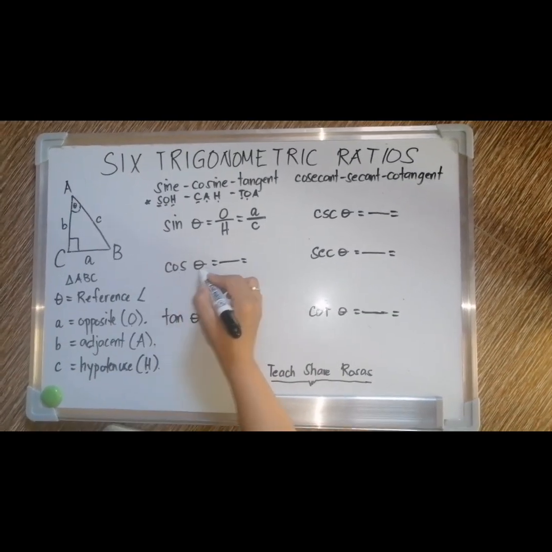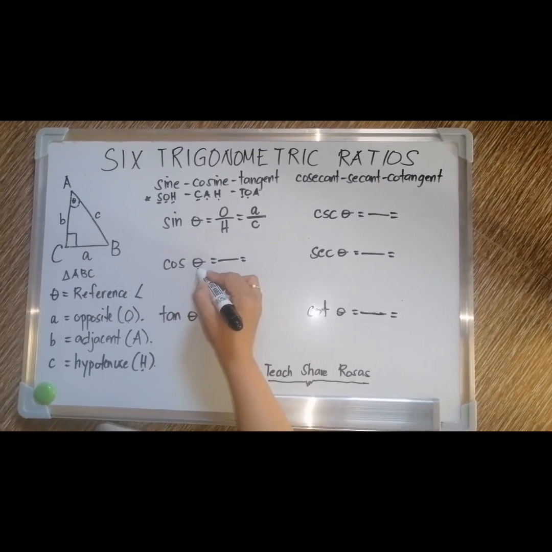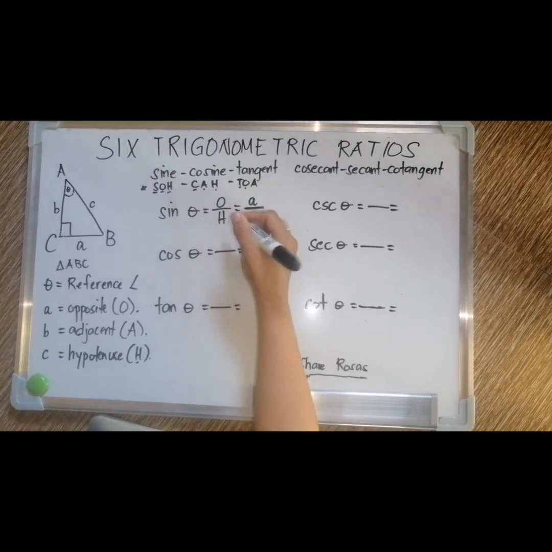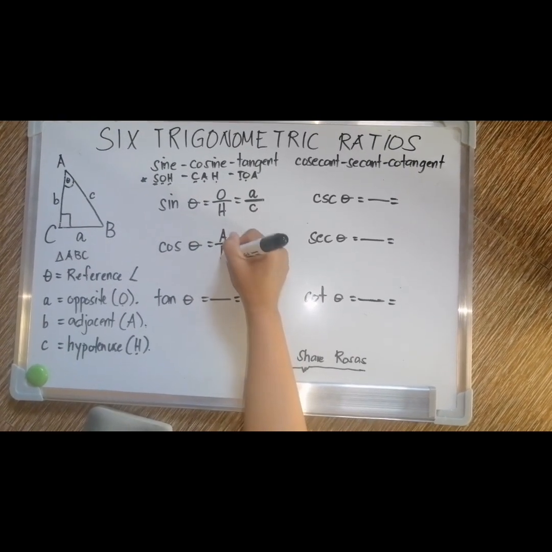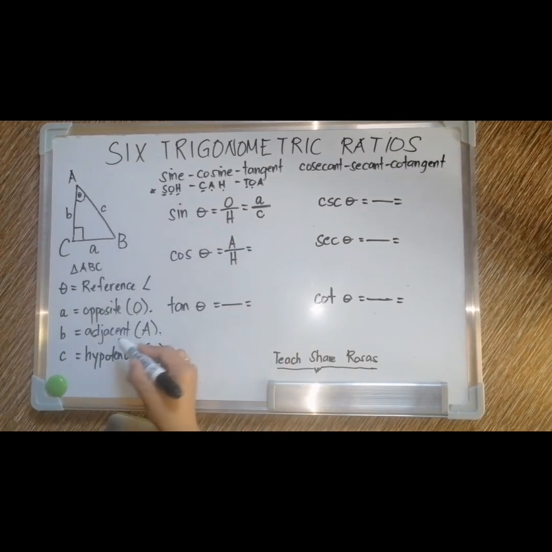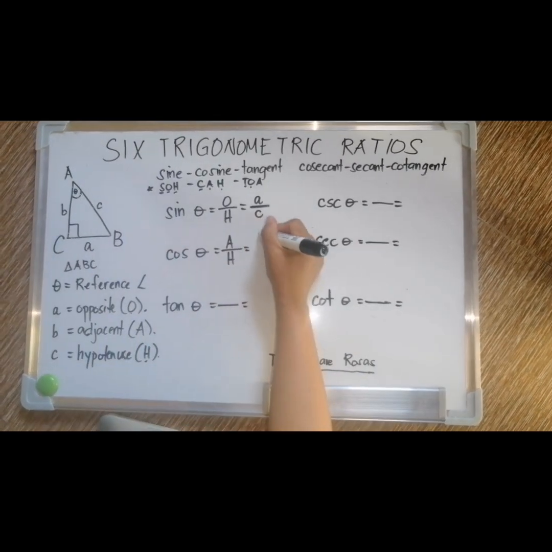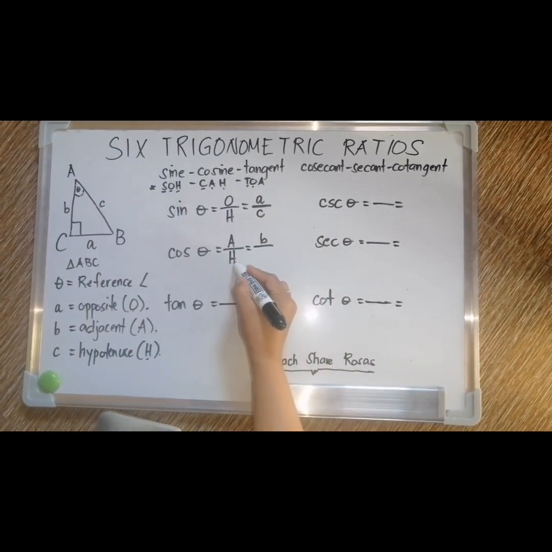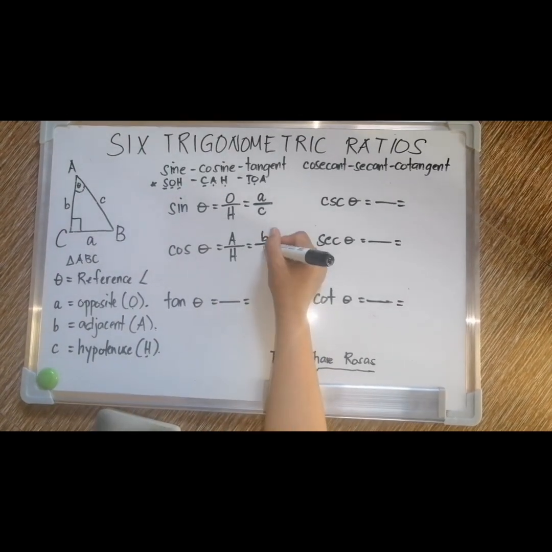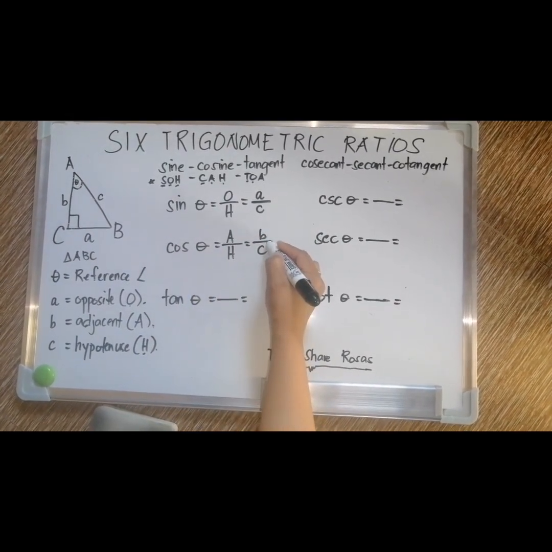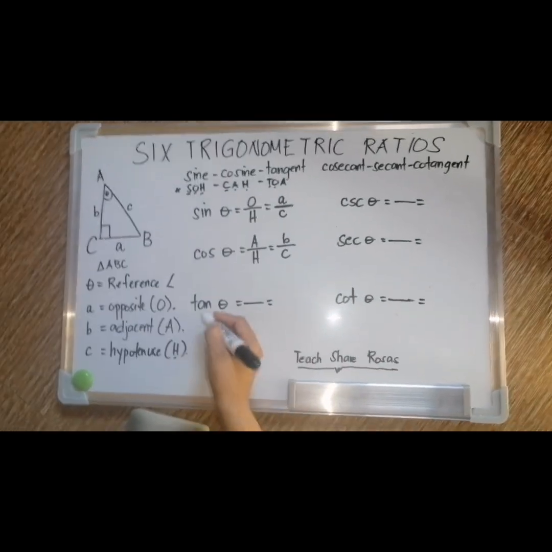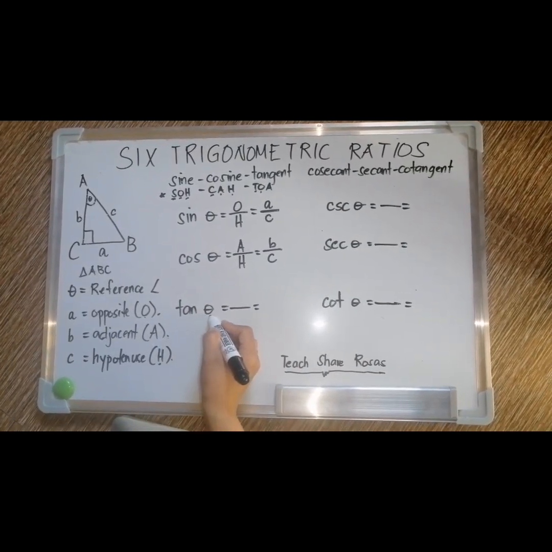Next we have cosine theta or cos theta. Cos theta has a ratio of adjacent over hypotenuse. Adjacent side is side B over the hypotenuse is side C. So cos theta is B over C. Next is tangent theta.